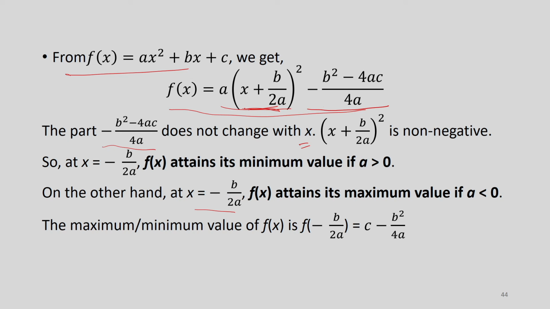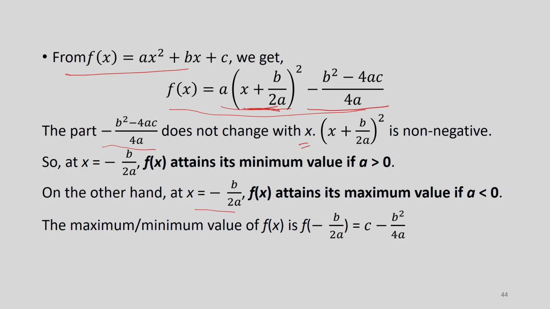So, f(x) becomes less negative and it attains its maximum value, therefore, if x is equal to minus of b by 2 a and a is negative. Okay. So, this is the reason why we are getting this result, that whether you have a maximum value of a quadratic function or a minimum value of a quadratic function, it depends on the value of a.